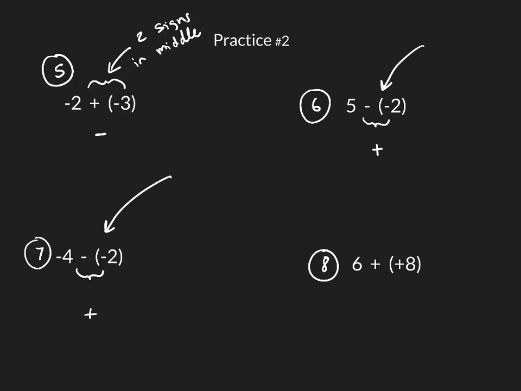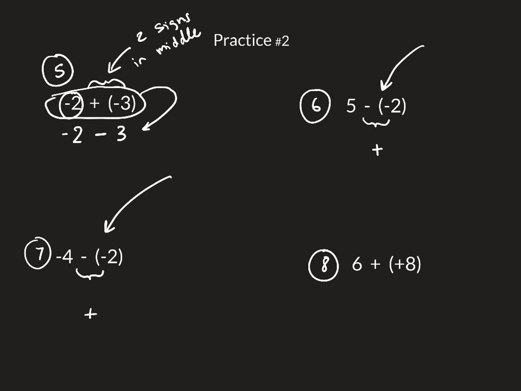So because this plus and this negative turn to a negative, just bring down the 3 that's on the right, bring down the 2 that's on the left, but that 2 is still a negative 2. You guys know that, right? This didn't change. It's still a negative 2. So your new problem and the challenge here is to turn this into this.